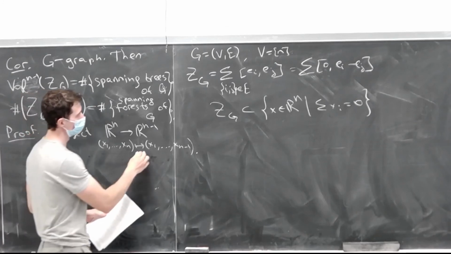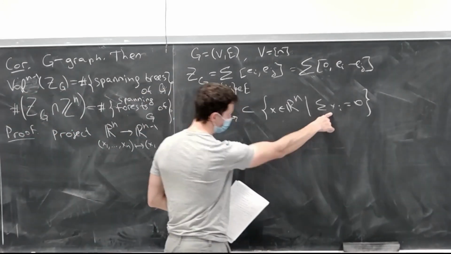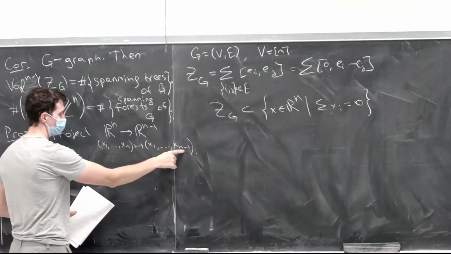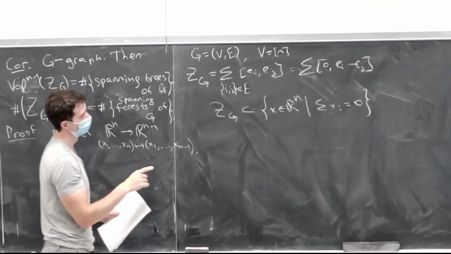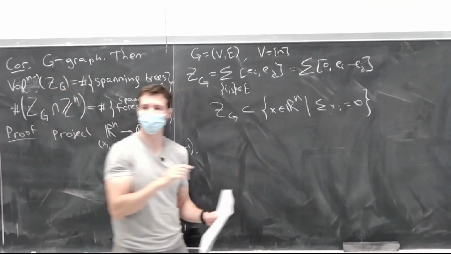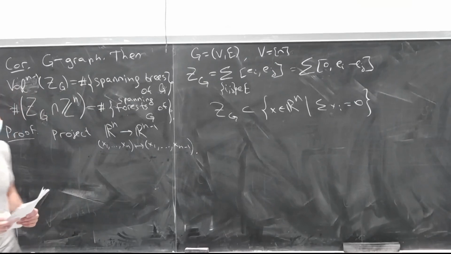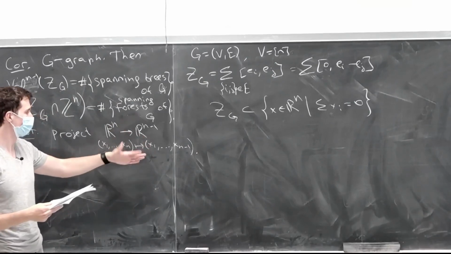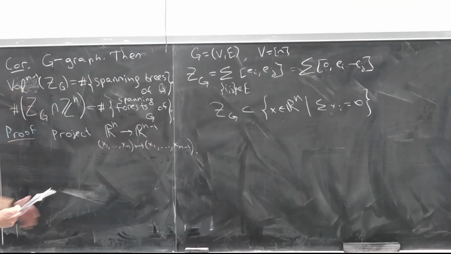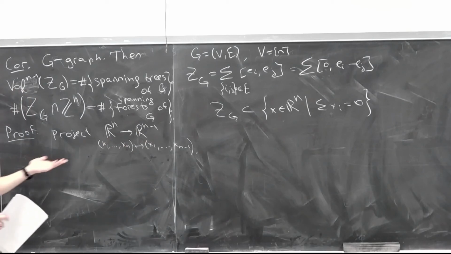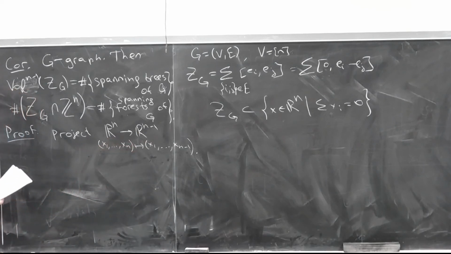If you have an element in this hyperplane, and you know that all of these n-1 coordinates are integers, then you know that the last coordinate is also going to be an integer. So this projection is the standard thing to do. It's very convenient to work with, but at first it may seem counterintuitive.